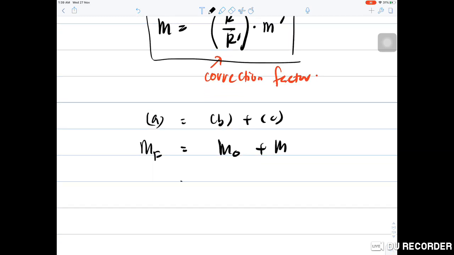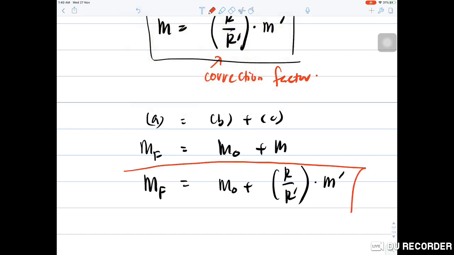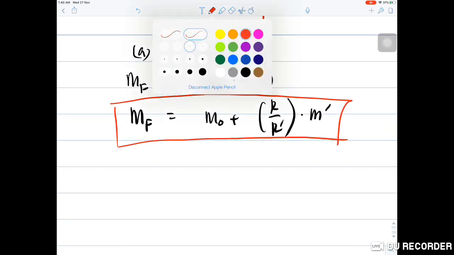M is equal to R divided by R prime times M prime. So this is the equation which is derived from the principle of superposition.